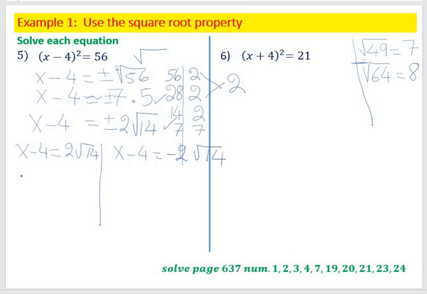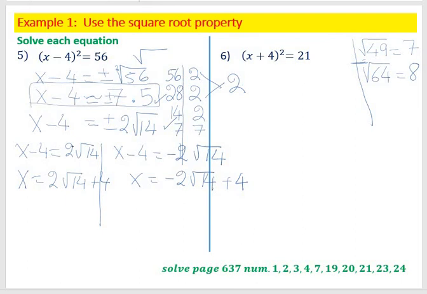Now, this is x equals 2 root 14 plus 4, and here x is equal negative 2 root 14 plus 4, and I can leave it like this for the moment.